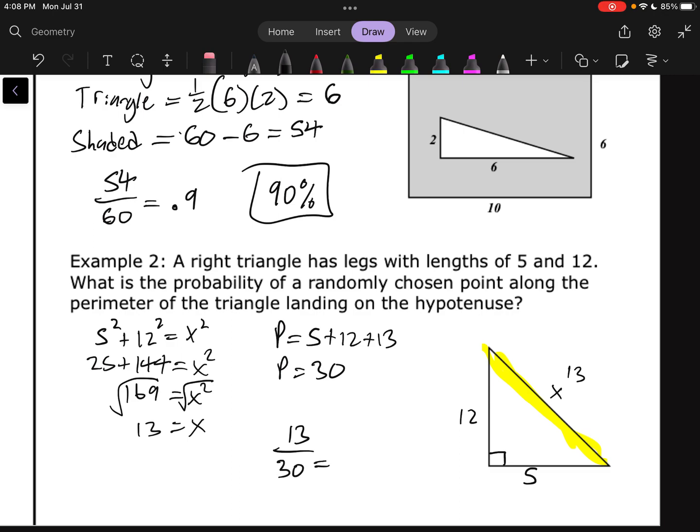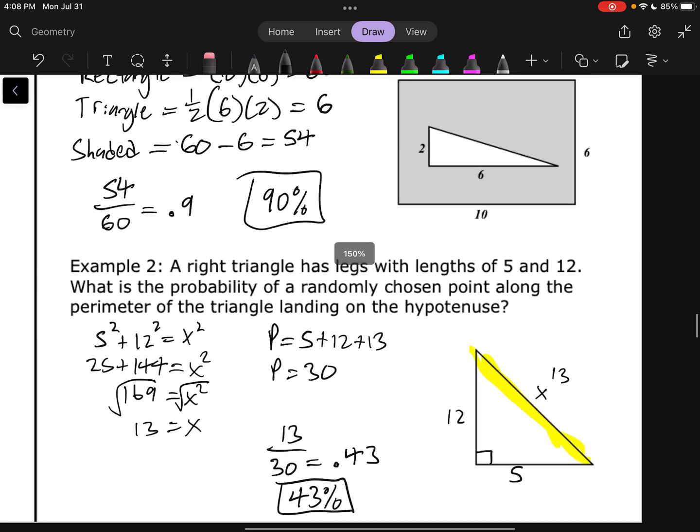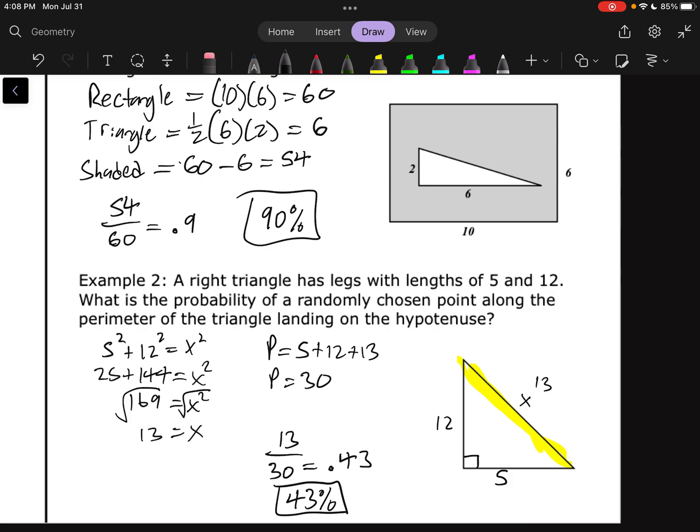So 13 over 30 is 0.43. So that would be a 43% chance of landing on that hypotenuse. So we can see in both examples here, we want to find the area or the length of the part that we want to land in, and we divide it by the total length.